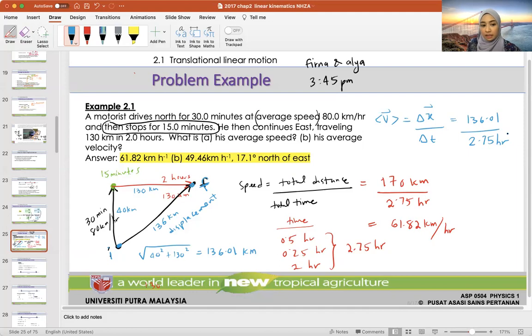We are talking about average now. Total time includes breaks. This is not instantaneous. We are talking about average. For speed, we talked about total distance and total time. It is quite straightforward because we just look at total distance and then total time. But for average velocity, we are looking at displacement.